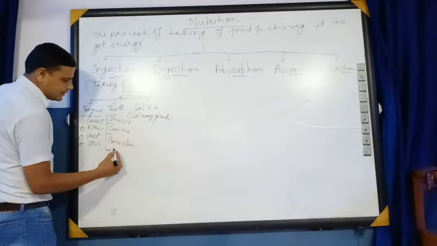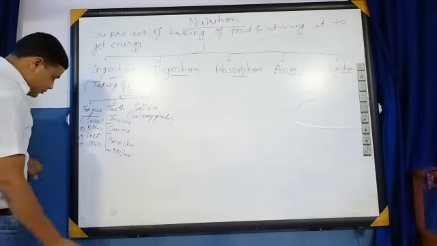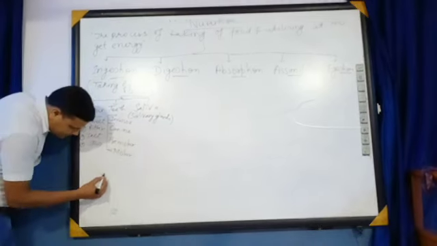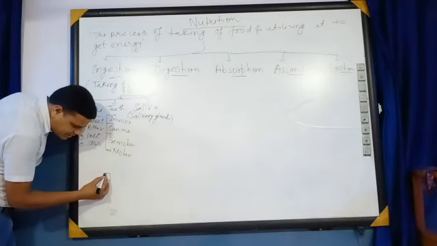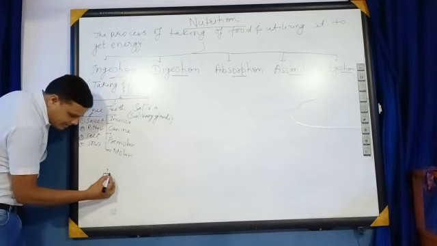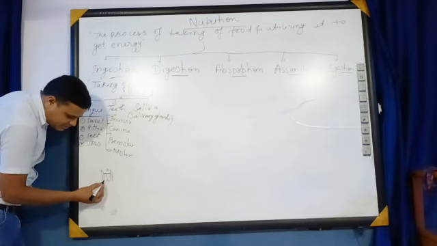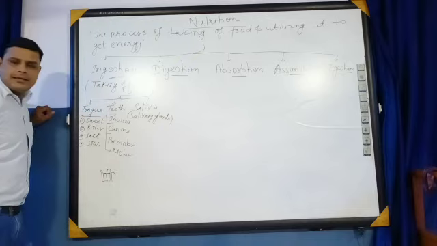And last, molar. If I am drawing the structure of the teeth, then in the front part we are having some teeth. They are known as incisor. After incisor, you will see some teeth are bigger in size. They are known as canine.